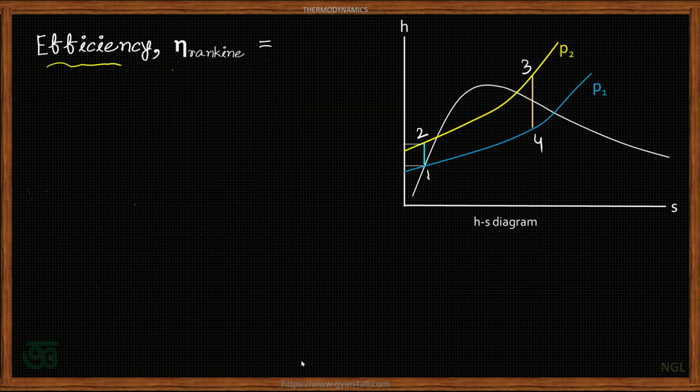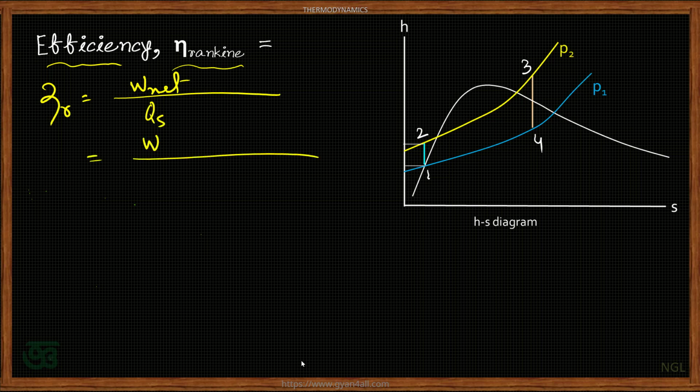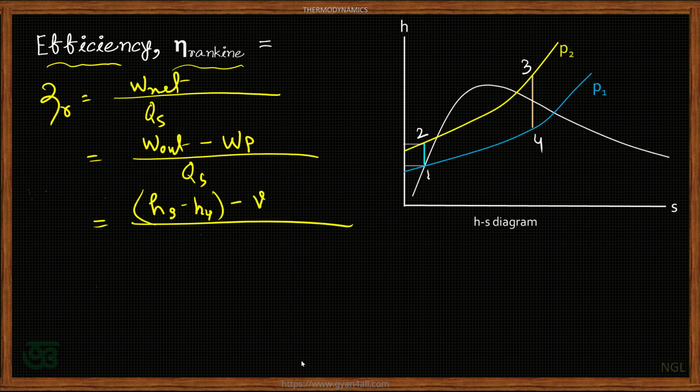Now the efficiency of the Rankine cycle, eta Rankine, is equal to W net, the work done during the cycle, divided by the heat supplied to the cycle. So W net is equal to W out, the work output of the turbine, minus WP, divided by QS. That is H3 minus H4 minus Vf1 (P2 minus P1), divided by QS, that is equal to H3 minus H2, the heat supplied during the process 2-3.